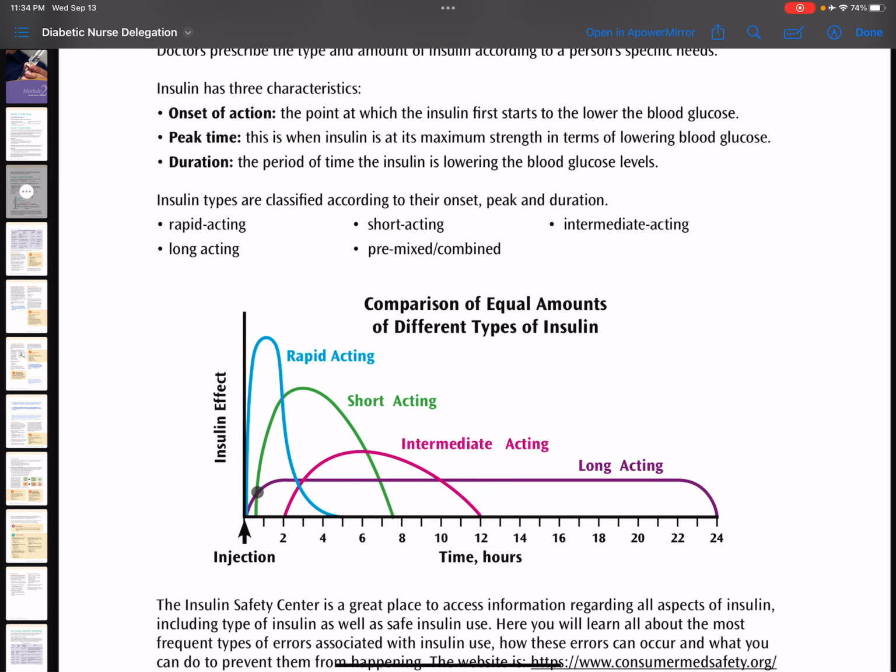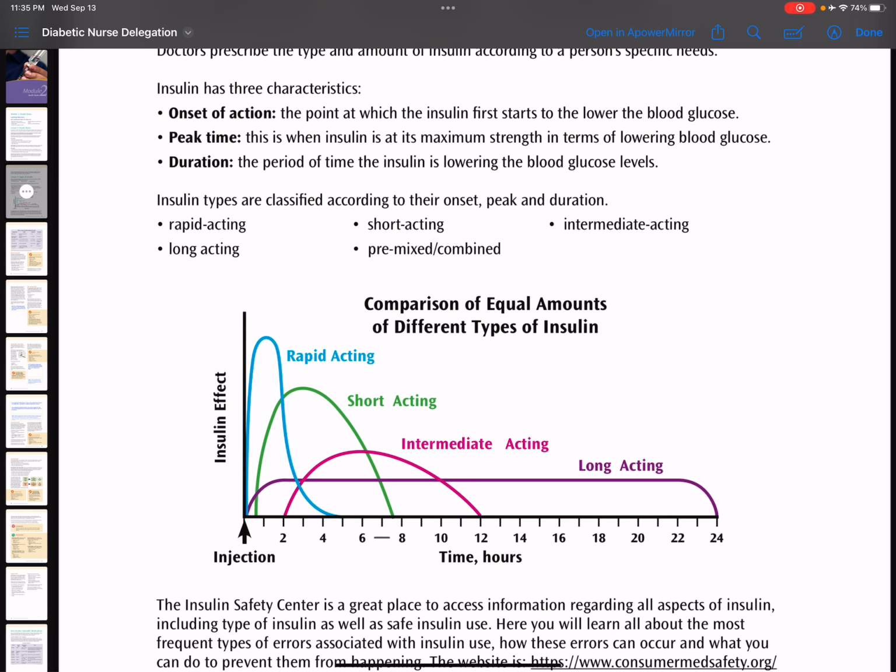If you see here, the rapid acting one, the peak is 1 hour, its onset is 15 minutes, and duration is 2 to 4 hours. And if you look at the short acting one, the onset is usually 30 minutes, the peak is 2 to 3 hours, and the duration is 3 to 6 hours.